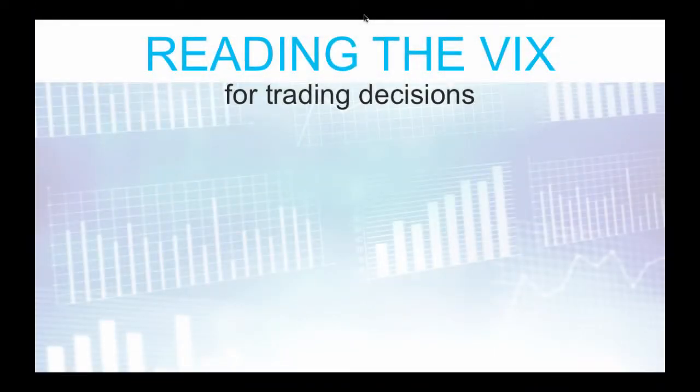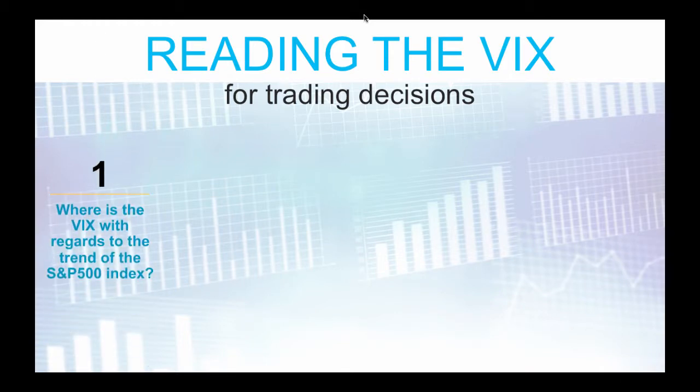So for reading the VIX, there's a few key tips for trading decisions that I'd like to offer you. First of all, where is the VIX with regards to the trend of the S&P 500 index? As we were looking just before, right up until mid-January, at the time of recording there, the VIX had been traveling along in a range between 9 points and 15 points.